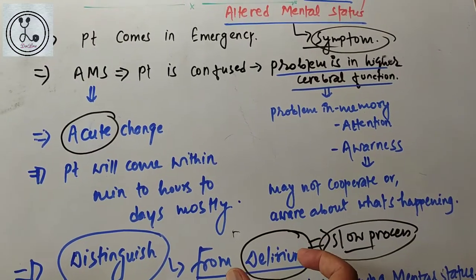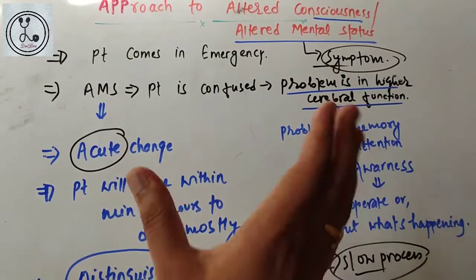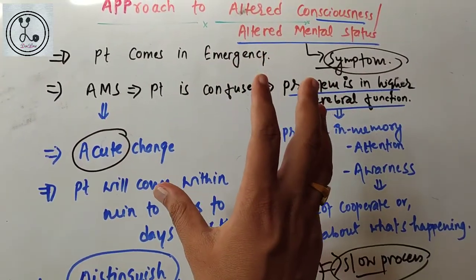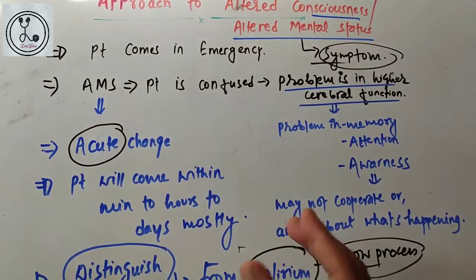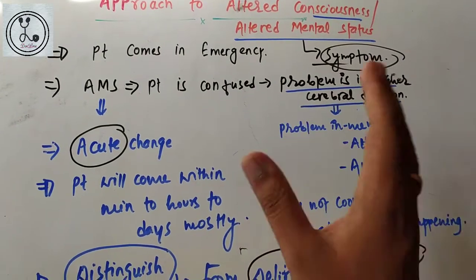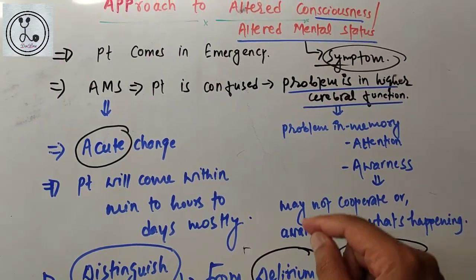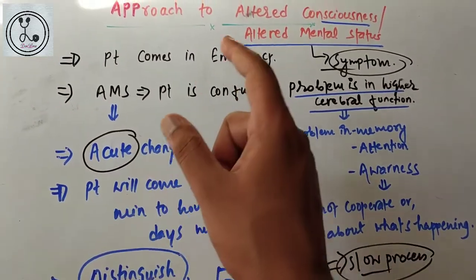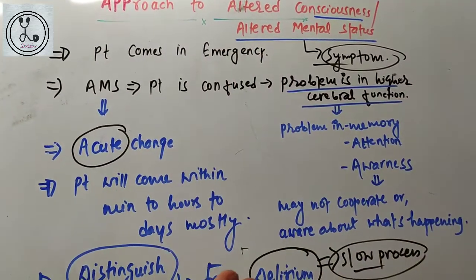But altered mental status is an acute change, and we will talk about the causes of altered mental status later. At this point I will only let you know that delirium is a different entity from altered mental status. Delirium is a slow process, while altered mental status is relatively fast or rapid.